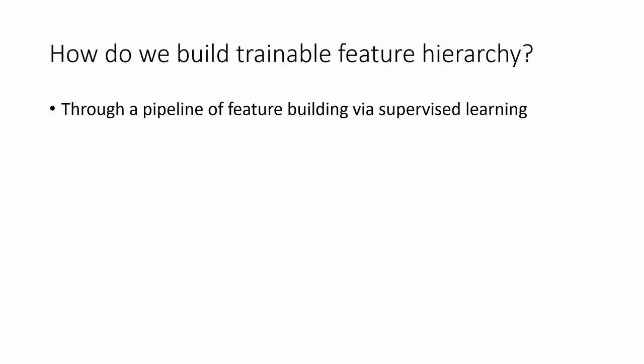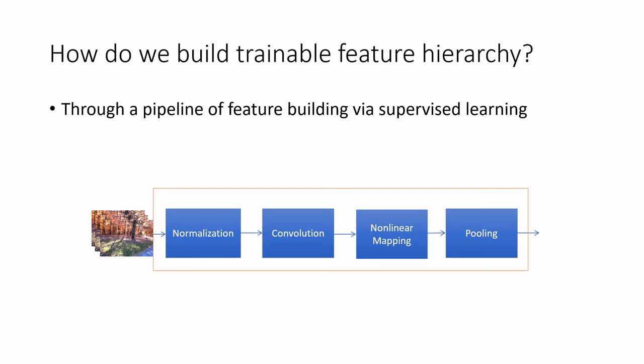One way to do it is through a pipeline of feature building via supervised learning. And this is shown in this picture over here. This picture shows the basic building block for learning a single feature in the feature hierarchy. And there will be multiple such stages.